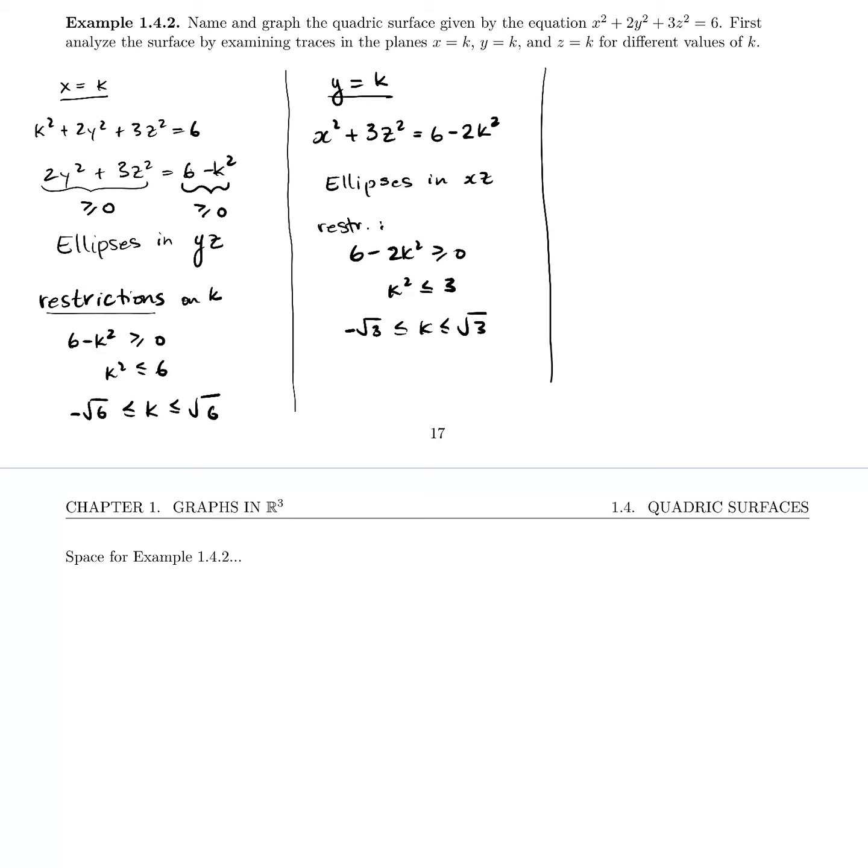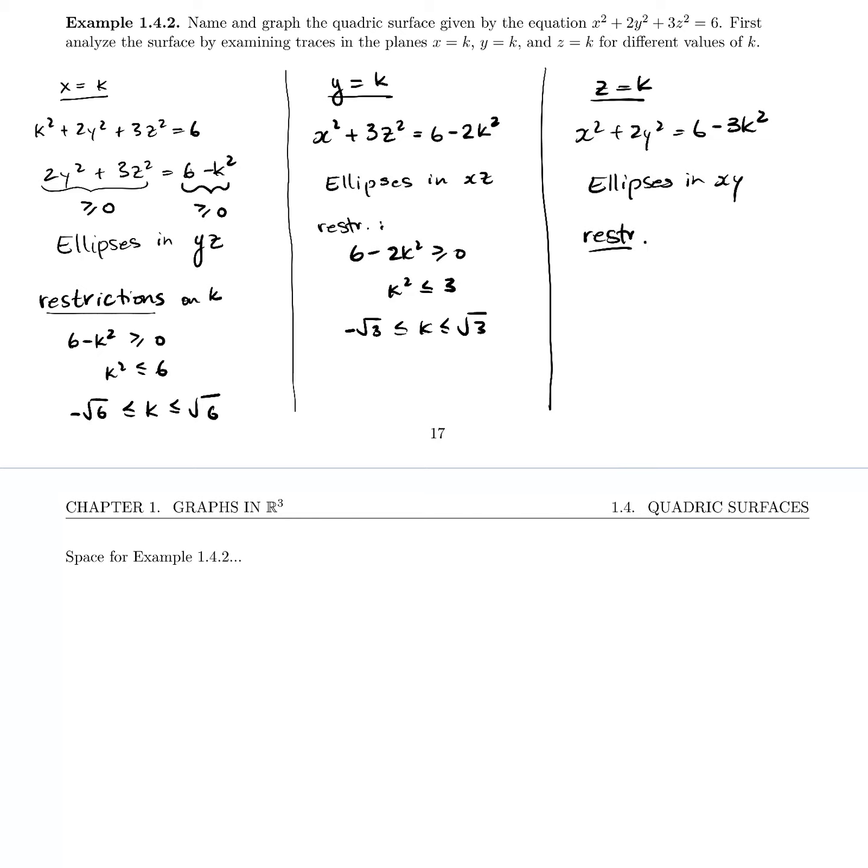And lastly, if we look at planes that are parallel to the xy plane, so planes whose equation is z equals k, plugging that in, we get x squared plus 2y squared is equal to 6 minus 3k squared. Again, we have ellipses in xy, and we have restrictions the same way.